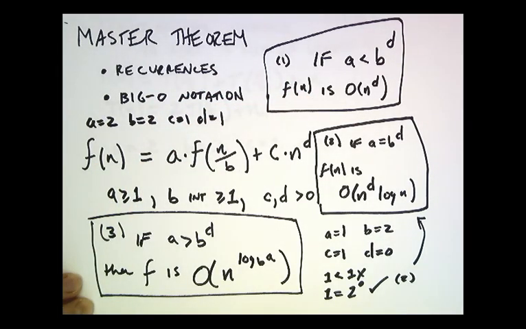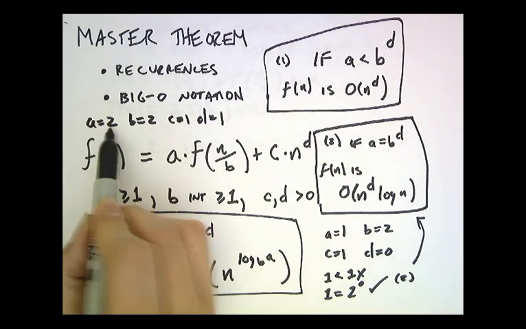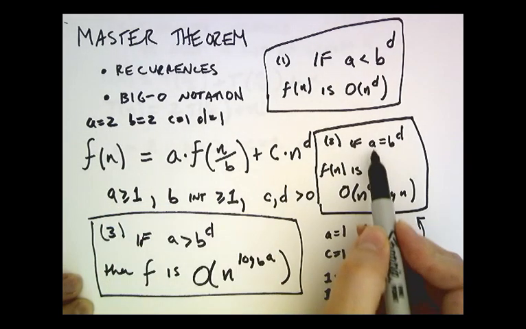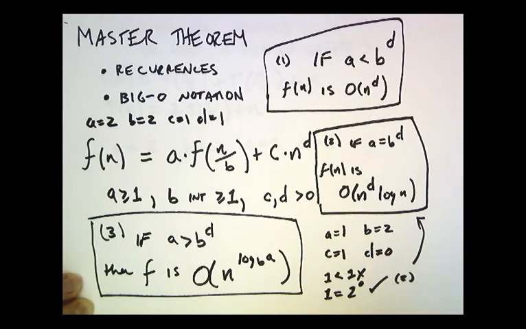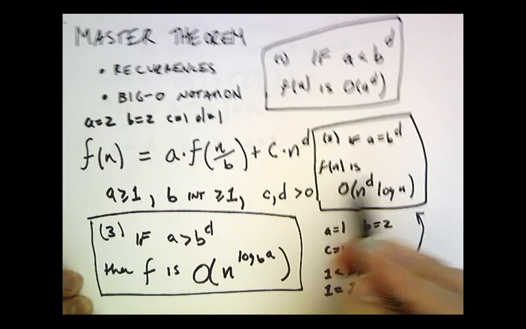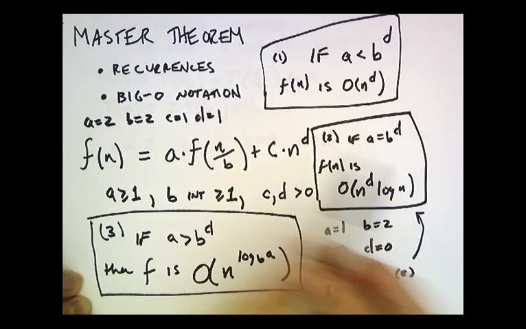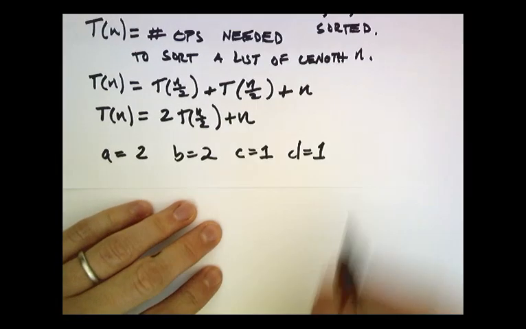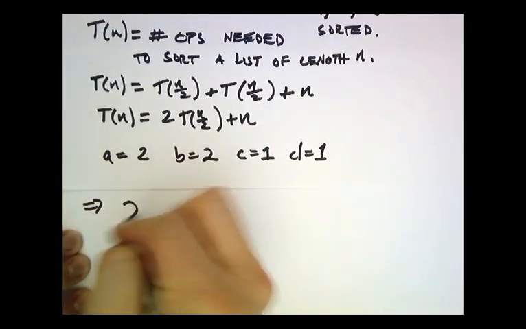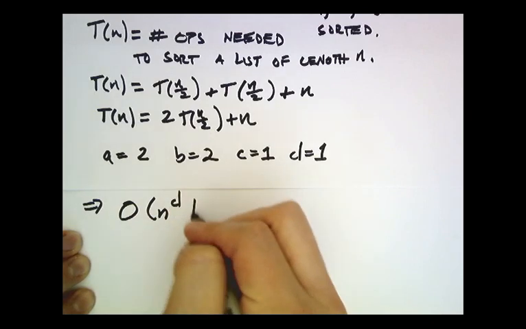Okay, so in this case, it looks like we have A equals B to the D, because A is 2, equal to 2 raised to the 1. So our solution is n to the D log n.